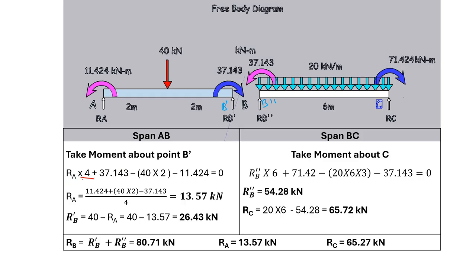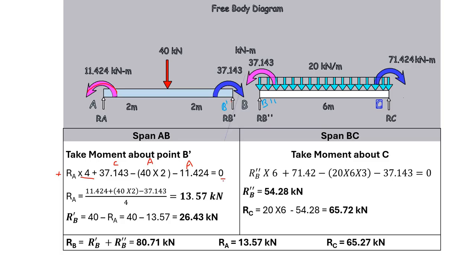So in this span AB, this is clockwise, this is clockwise, this is anti-clockwise, this is anti-clockwise, and 40 into 2 is also causing anti-clockwise.